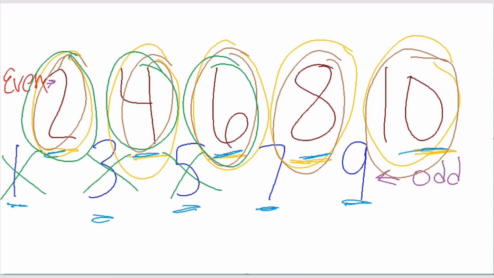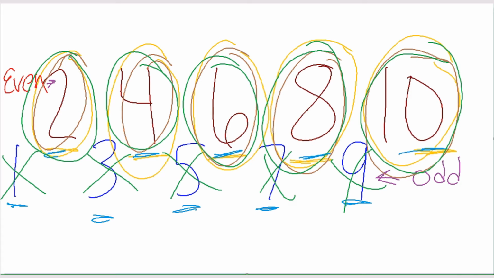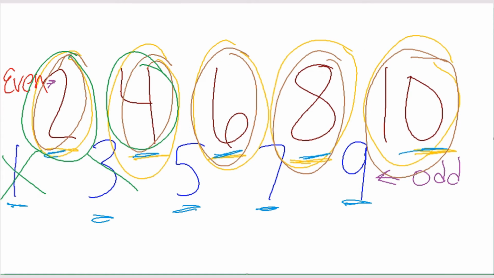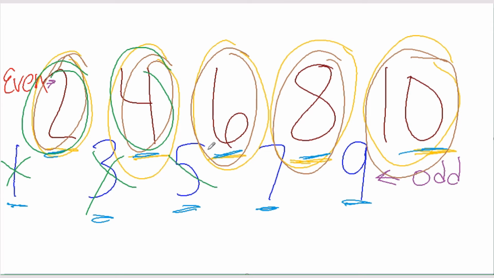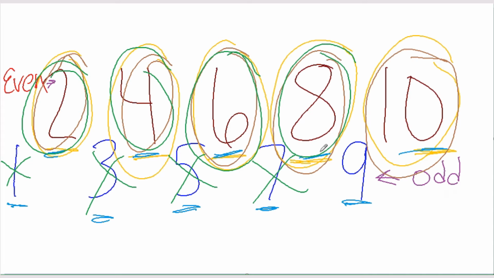I'm sorry, skip 5, 6, skip 7, 8, skip 9, 10. So I'm sorry if I confused you there, and I'm going to take it back and do it one more time. So we're going to skip 1 and 2, skip 3 and 4, skip 5 and 6, skip 7 and 8, skip 9 and 10.